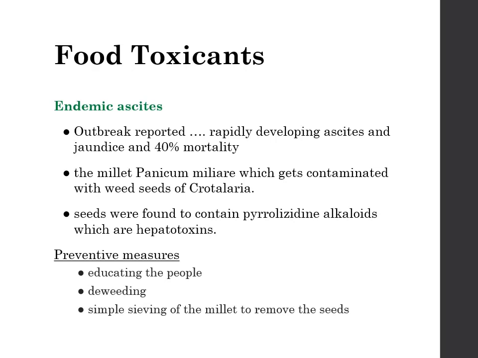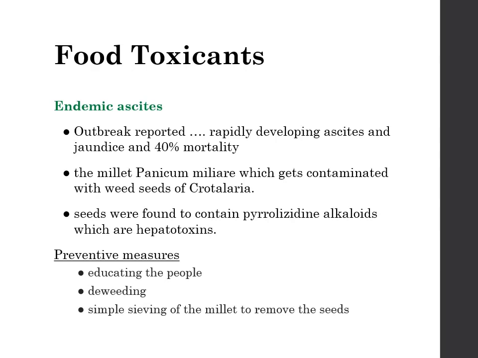The cause of endemic ascites is a millet, Panicum miliare, which gets contaminated with seeds of Crotalaria. Seeds were found to contain alkaloids, which are hepatotoxins. This disease is characterized by rapidly developing ascites and jaundice, and mortality is very high.